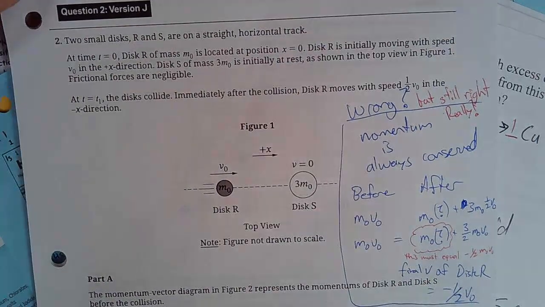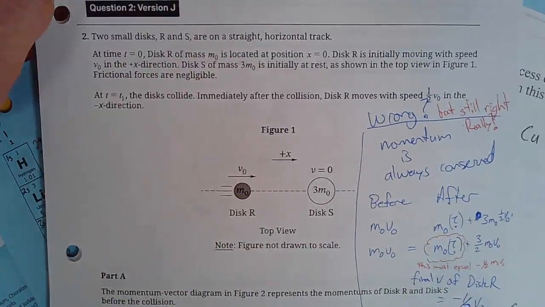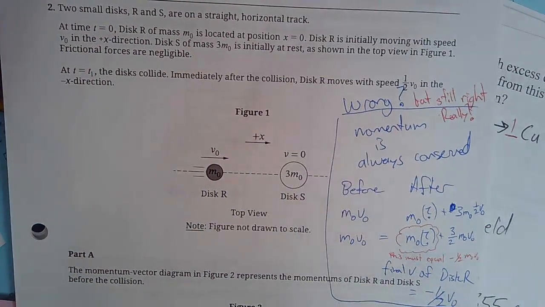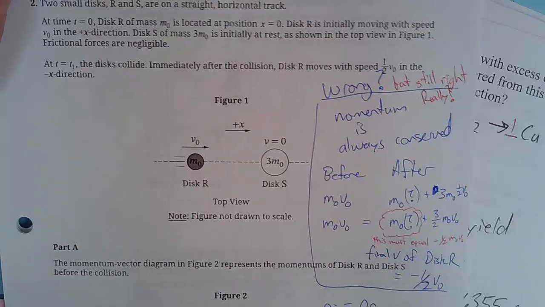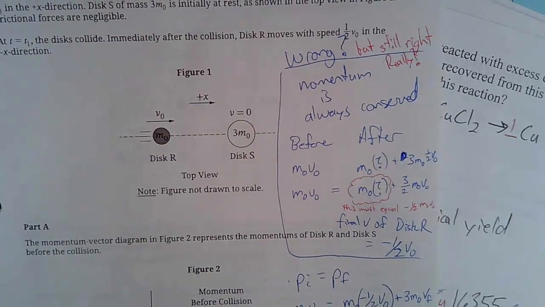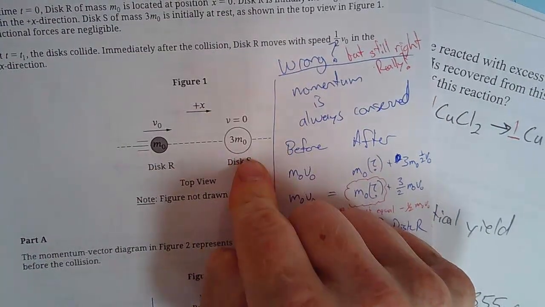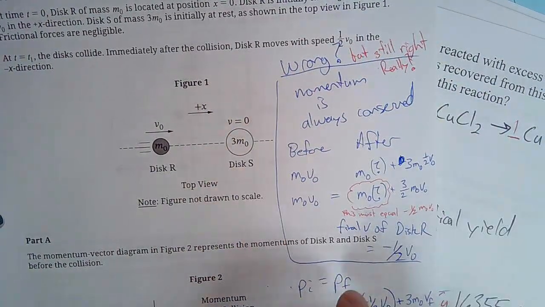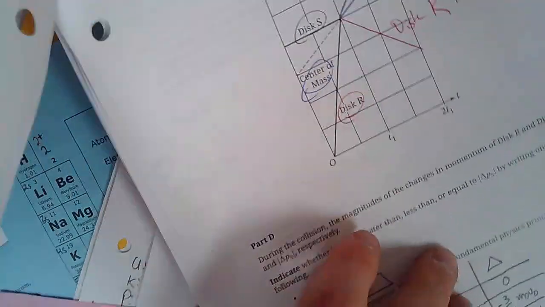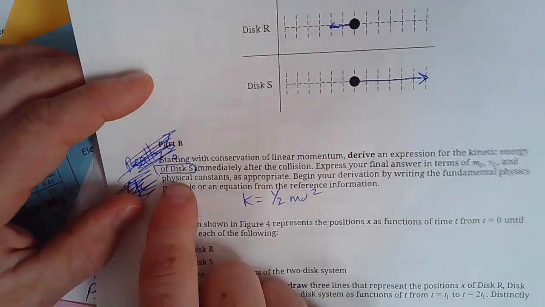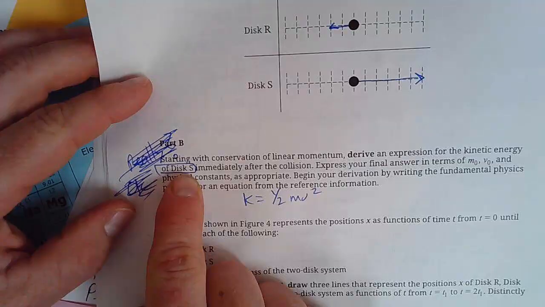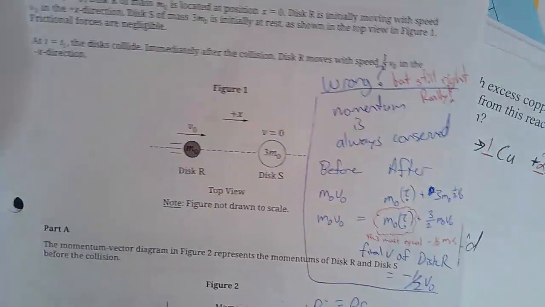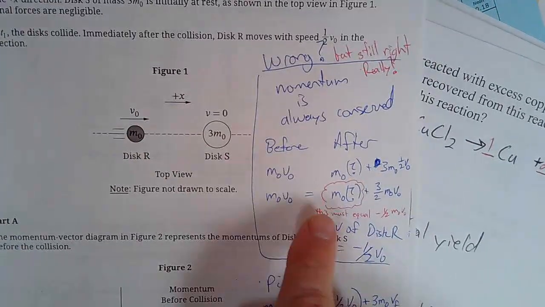Now, question 2 was quite interesting to me because as I went through this thing, I misread it the first time, and I thought that it said disk S moves with the speed of 1/2 v0, and I was quite surprised when I got to the backside, and they were asking me to find the kinetic energy of disk S, because I was just like, well, they told you the mass, and then I realized I'd made a mistake.